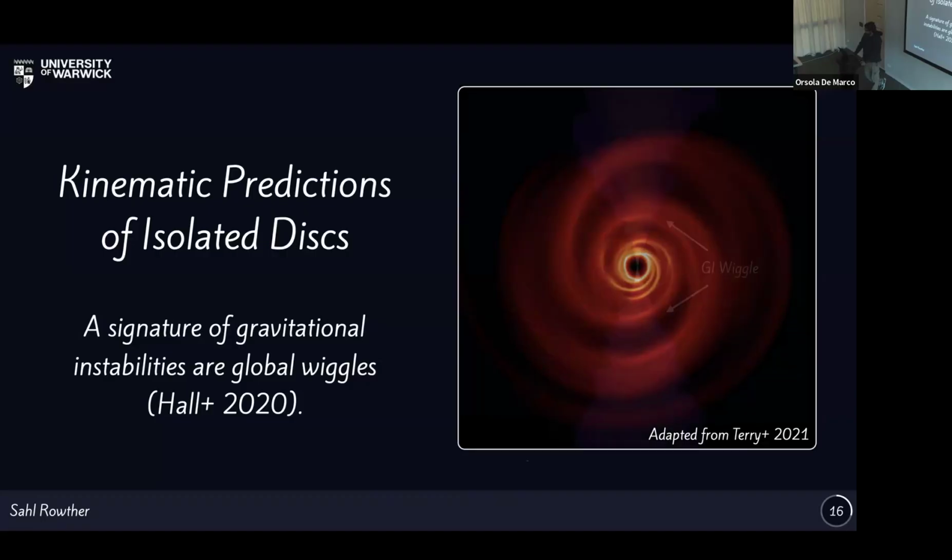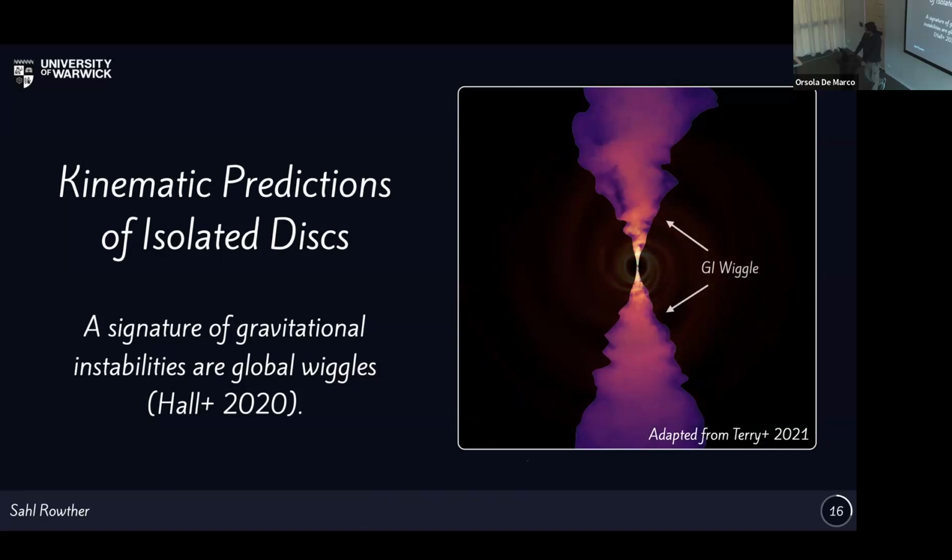And one of the signatures of gravitational instabilities can be seen in kinematics, where if this was a smooth Keplerian disk, these wings would be smooth, but because these spiral arms are not moving at Keplerian speed, it causes these deviations in the channel map, which have been referred to as the GI wiggles. And here you can see that they are quite symmetric.